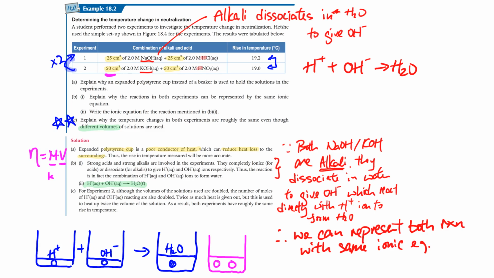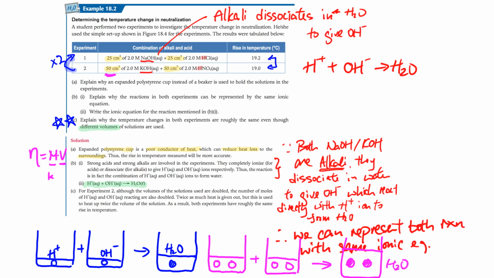So here I have drawn 2 particles in this volume. When the acid and alkali react, both of them have 2. When they are mixed together, the volume will be double the previous one, but the number of water molecules formed will also be double.